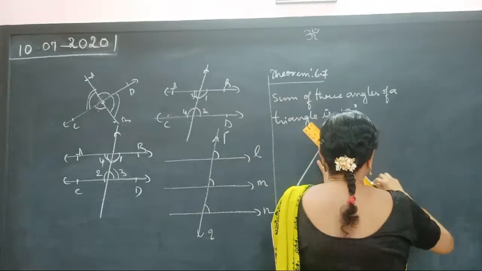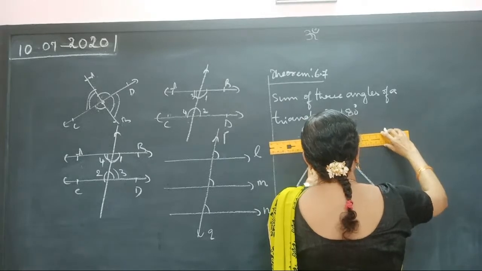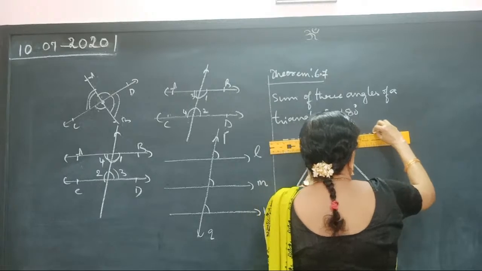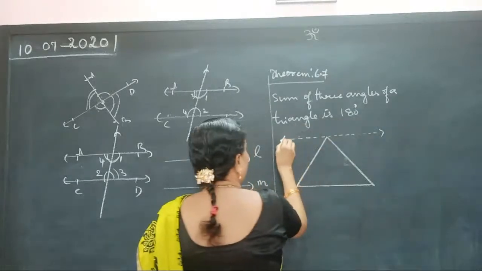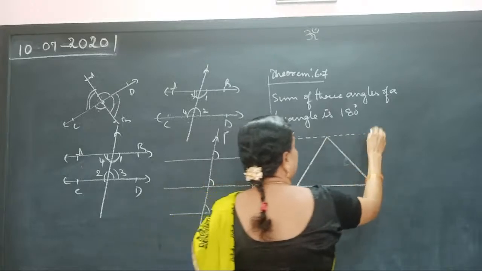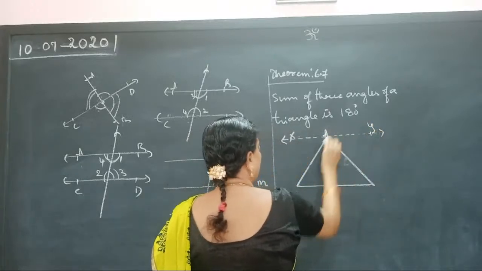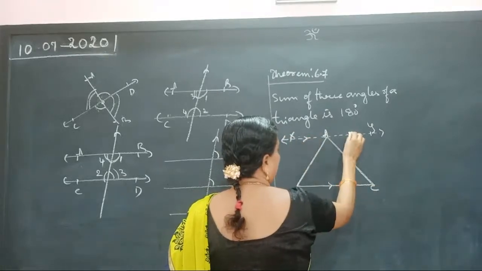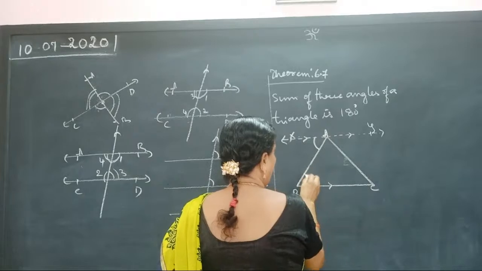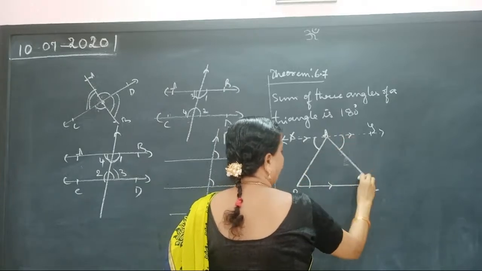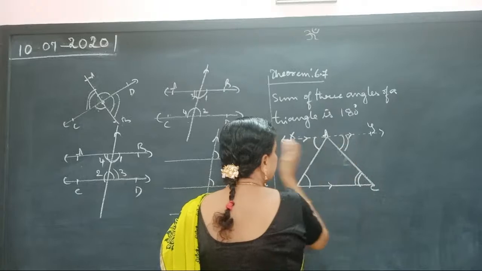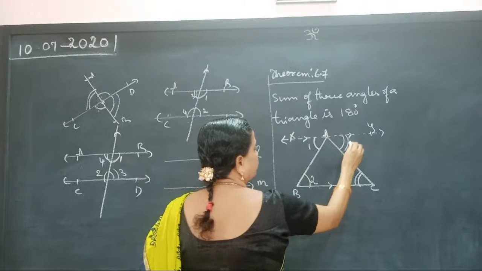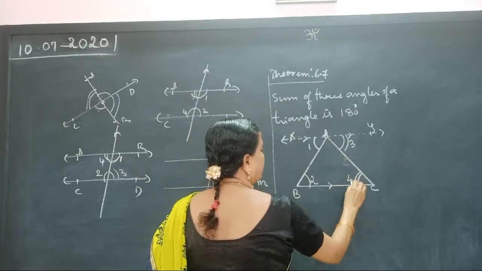Consider a triangle ABC. Here in this theorem, we have one part, that is the construction. XY is parallel to the base BC. This is the base. This is parallel. Get the figure. Angle 1 equals angle 2. Angle 3 equals angle 4.